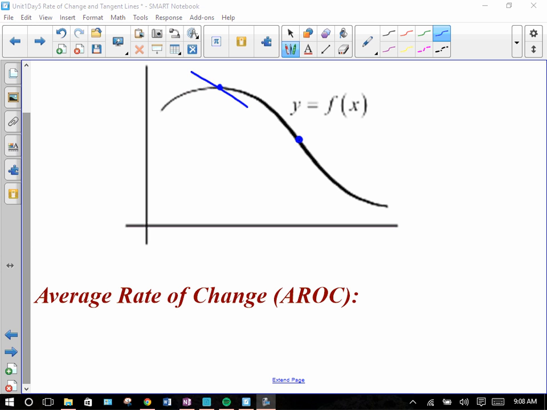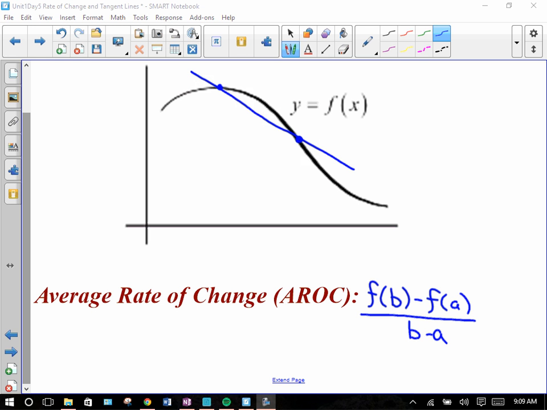What this right here is called is a secant line. We talked about how we can find the slope of the secant line by finding the average rate of change, which was f of b minus f of a, all divided by b minus a. Probably wrote this down on Monday.